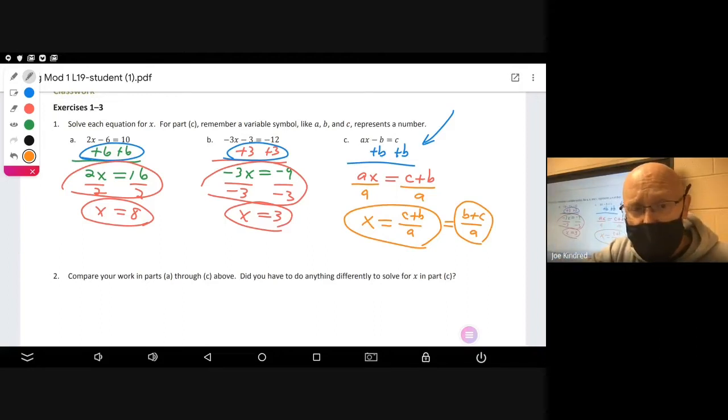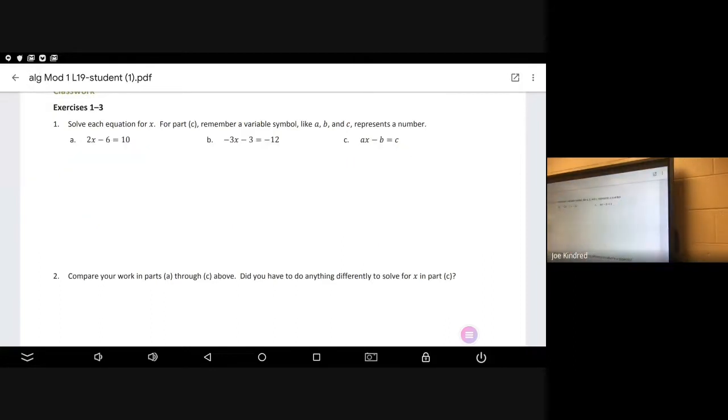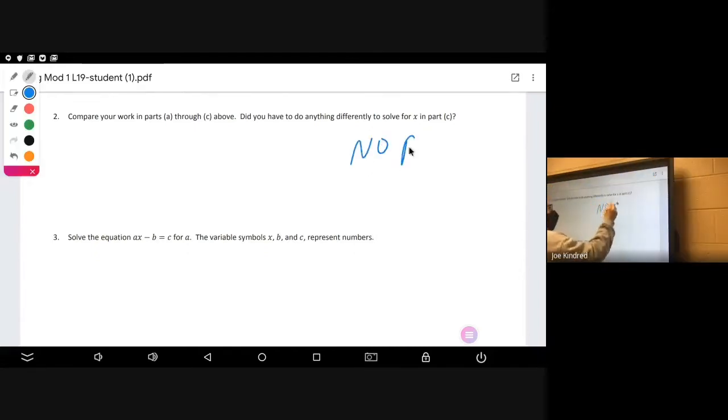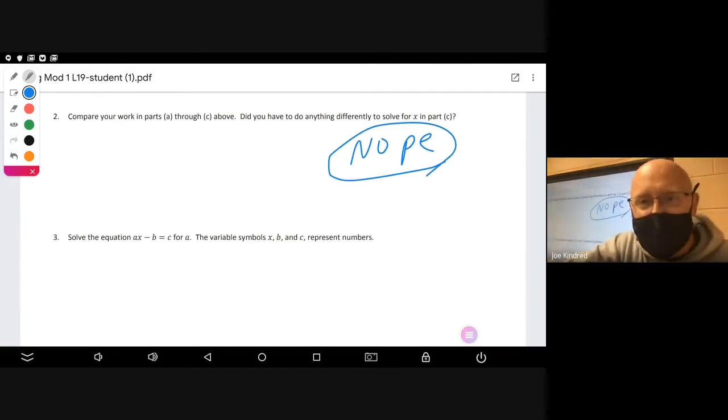Ready? Next problem. Number 2 says, compare your work in parts A through C. Did you have to do anything differently to solve for x? No. We didn't have to do anything different, because you're doing the same exact thing. It's really important that you see that. So you're doing the same exact thing there in number 1.